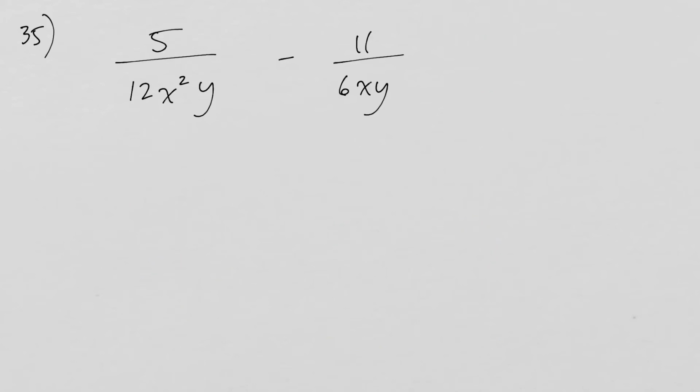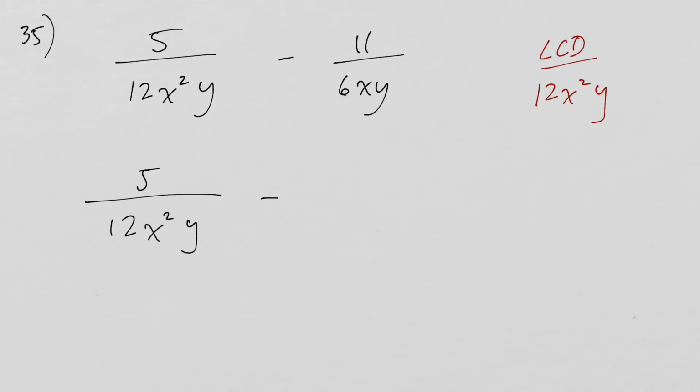Okay, so the first thing you want to do is find your LCD. The LCD is 12 x squared y. So now I'm going to write these fractions down again. This one on the left, I don't have to change. But the one on the right, I have to multiply first by 2, so I'll do that here as well.